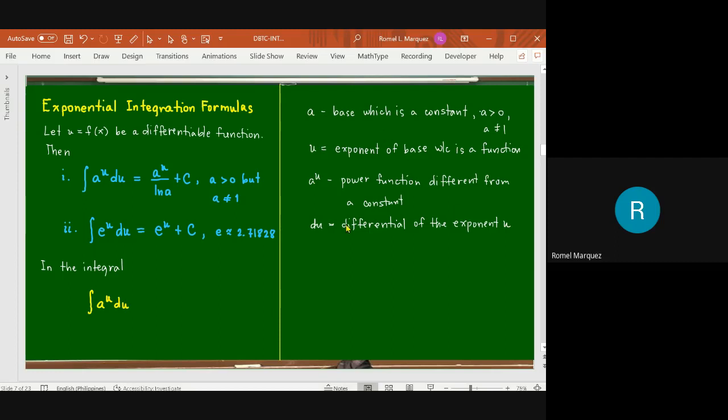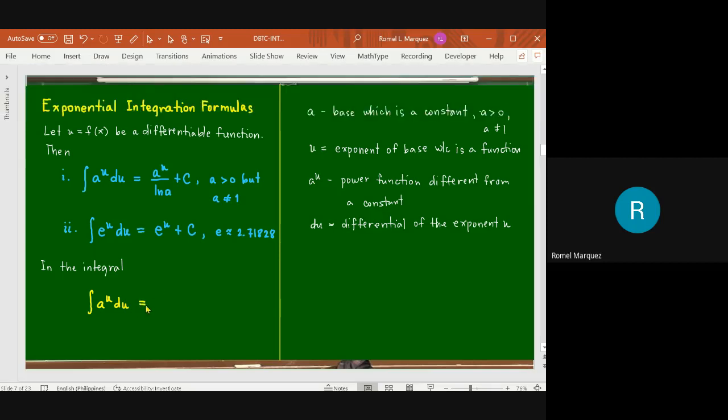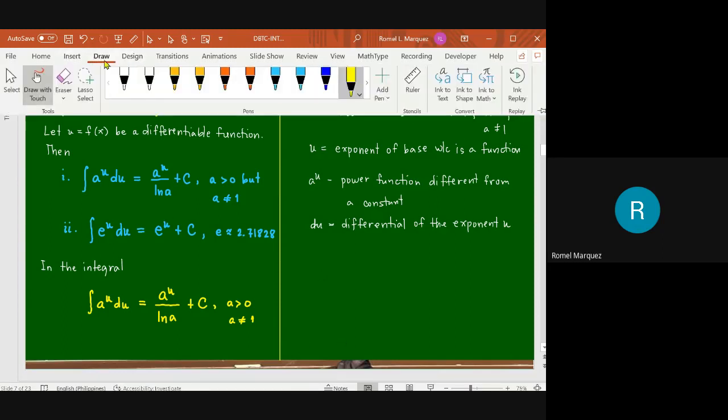If all of these requirements are satisfied, then this integral is equal to, again, a to the u over ln a plus c. But remember, a is greater than 0, but not equal to 1. Is that clear, guys?